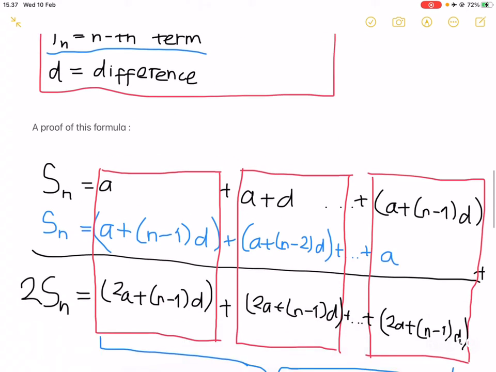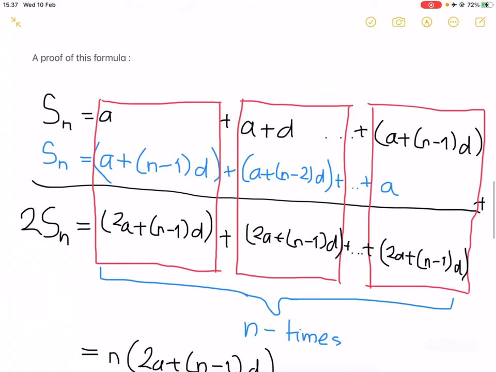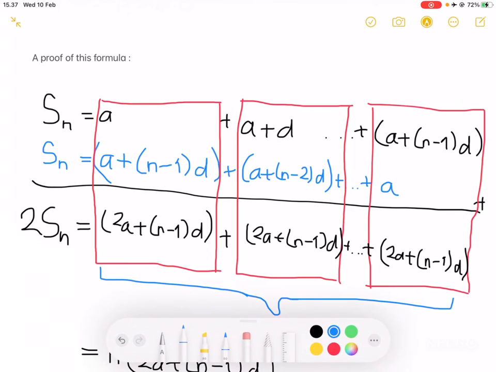And a proof of this formula involves rewriting the same sum differently. So we know that addition is commutative. Assume that Sn is the sum of the first n terms in an arithmetic sequence. So the first term in this case is a, the second term is a plus d, just like in the previous proof, and then all the way to a plus (n minus 1)d.